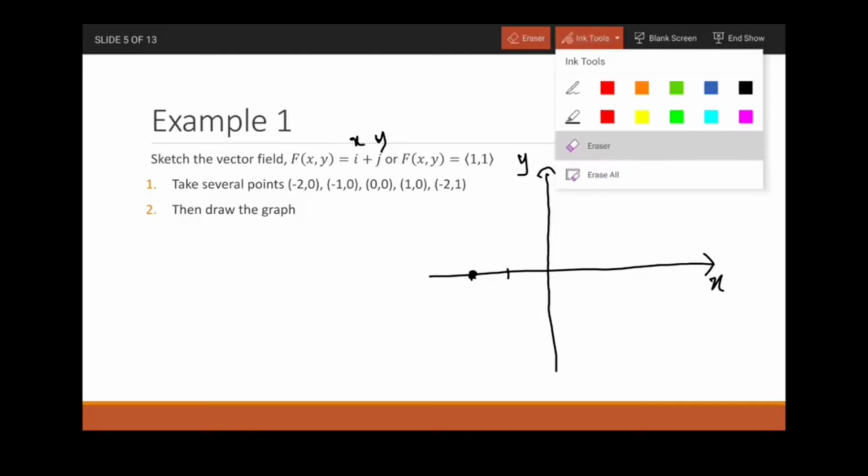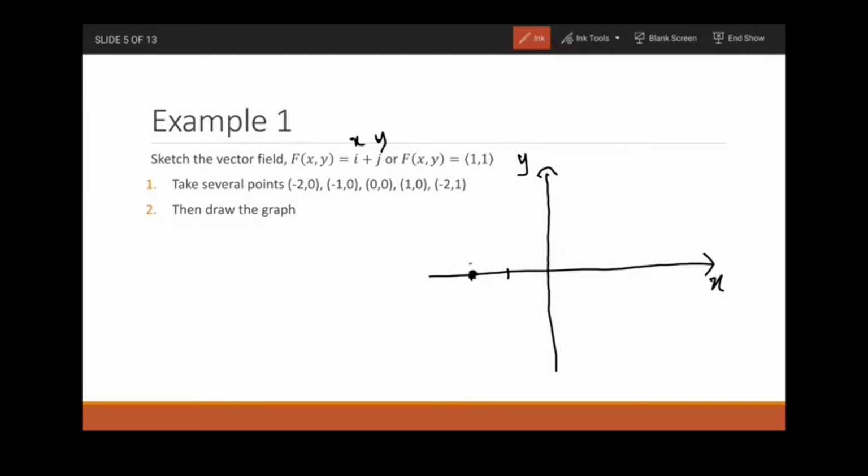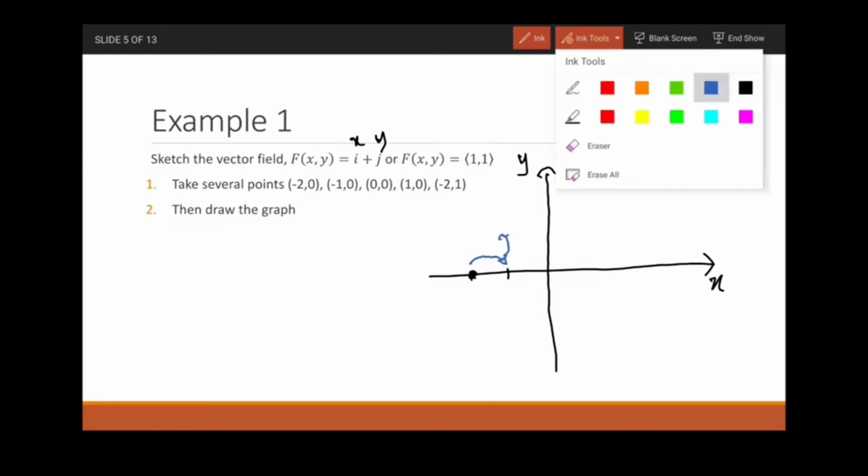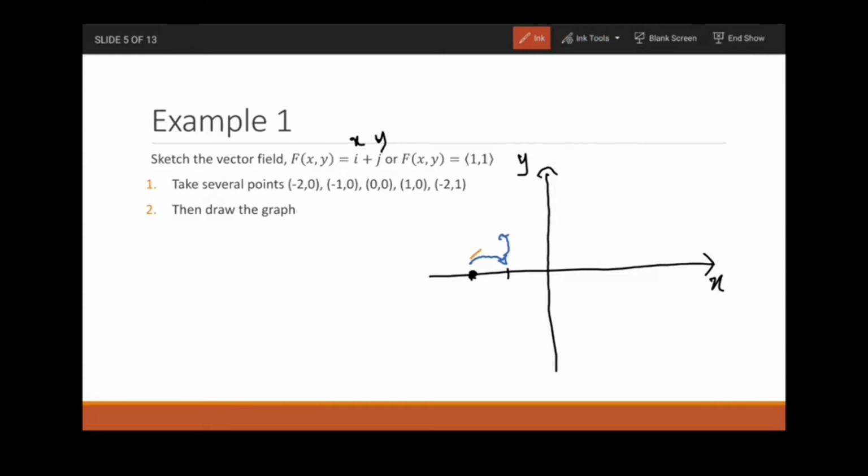Because we have vector i, meaning only one i, we go one step in i and one step in j: one step to the right and one step above. This is the vector, and the orange arrow is the vector. So can you understand?